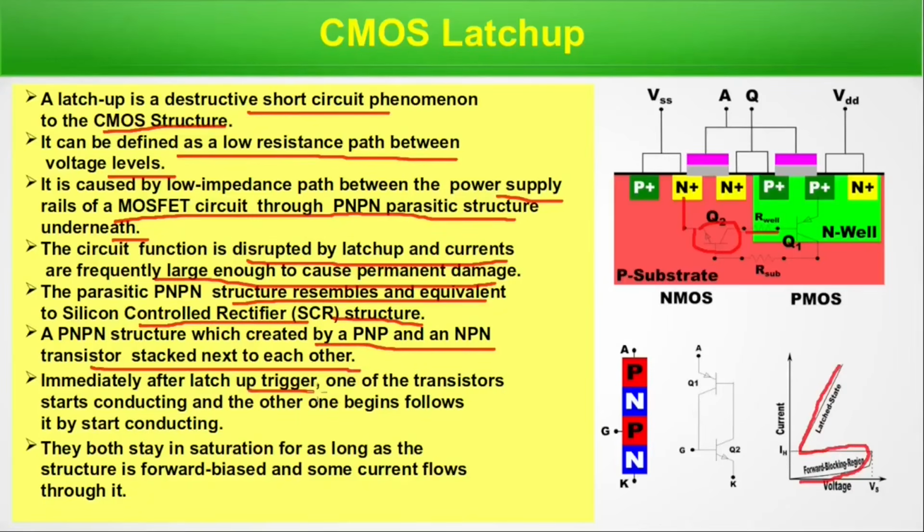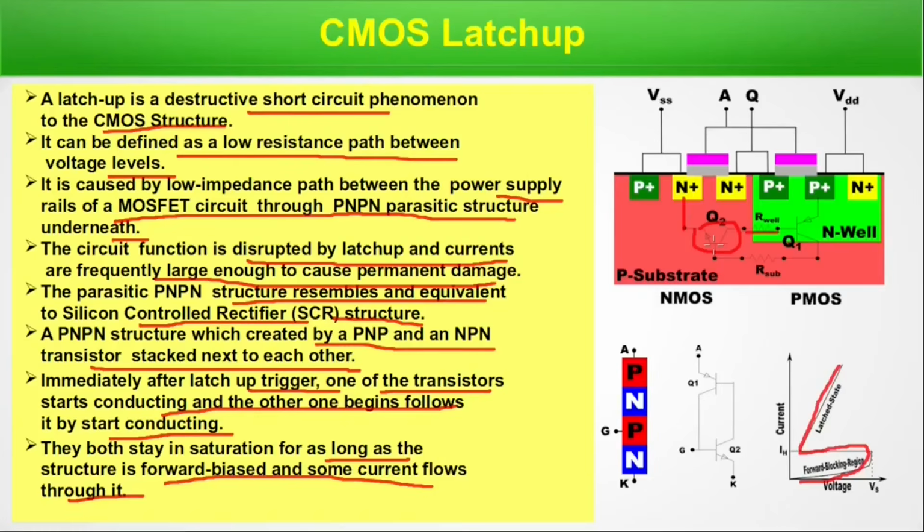Immediately after the latch-up trigger, one of the transistors starts conducting and the other one begins to follow it by conducting. They both stay in saturation for as long as the structure is forward biased and some current flows through it. This is not the desired path of current flow, but through this parasitic PNPN structure a huge current flows and this can lead to CMOS failure.